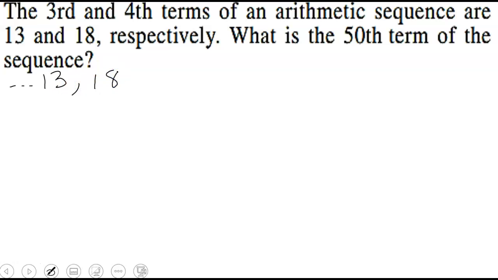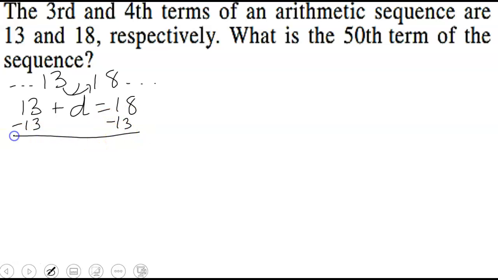We can find the common difference right away. 13 plus the common difference equals 18, because it's just one step. So we subtract 13 from both sides, and the common difference is 18 minus 13, which is 5.